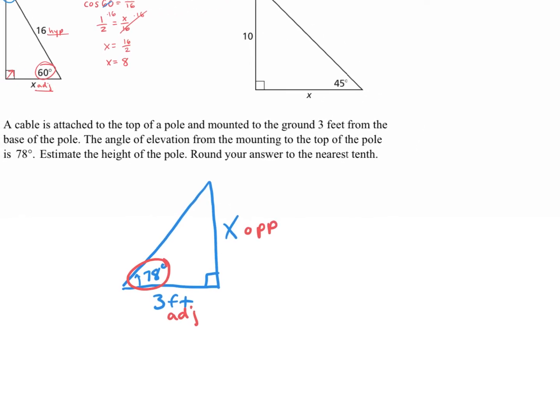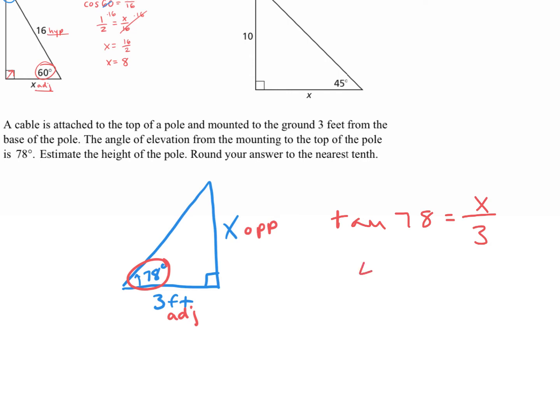So we would take the tangent of 78 degrees. And that's equal to opposite over adjacent, so x over 3. This is one of those where 78 is not a special right triangle, so we would just put it into our calculator.